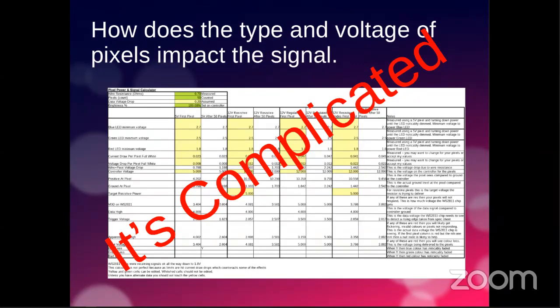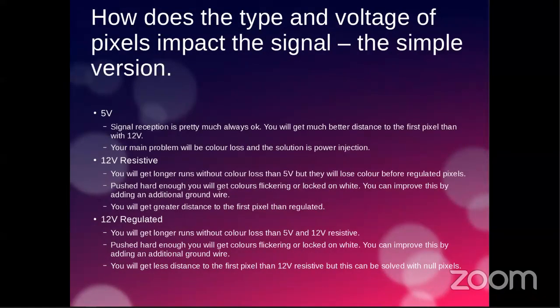Through this analysis, it was pretty clear to me that 5-volt pixels will generally not flicker, but colors will become an issue. 12-volt resistive pixels will eventually flicker, but they will generally go a little bit further. So let's boil it down to some simple rules. 5-volt signal reception is pretty much always okay, and you'll get much better distance to the first pixel than you will with 12 volts.